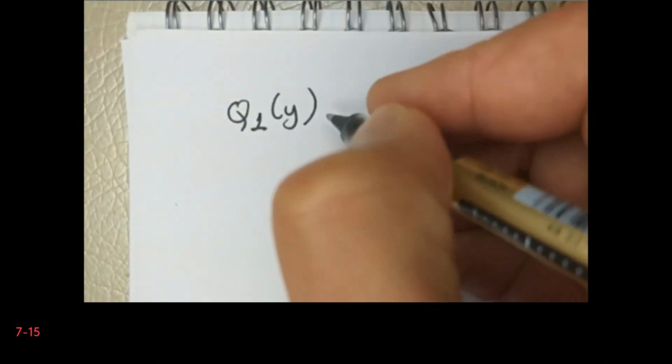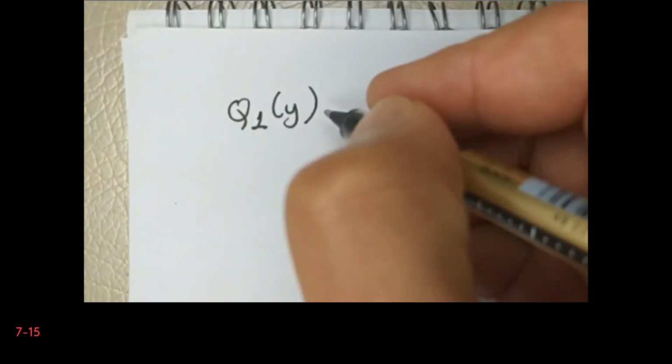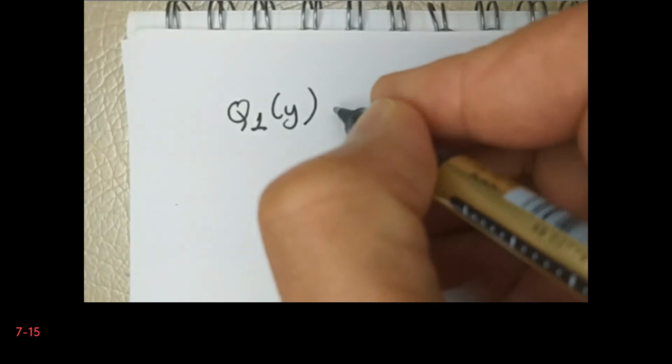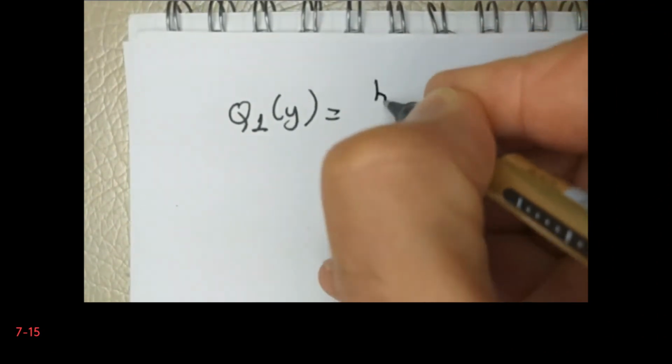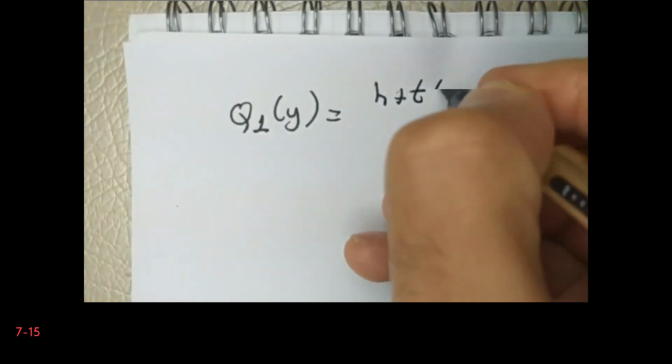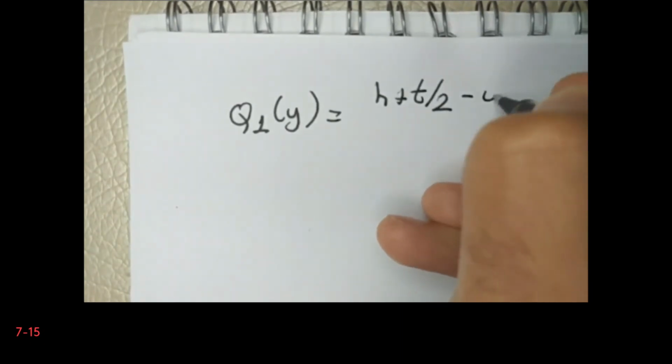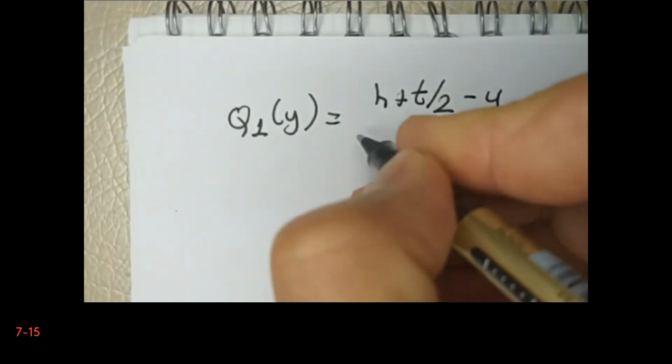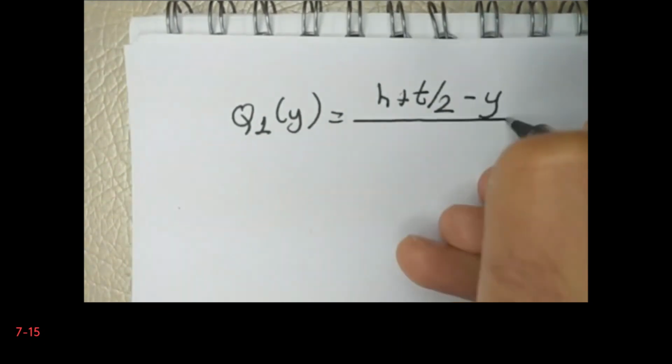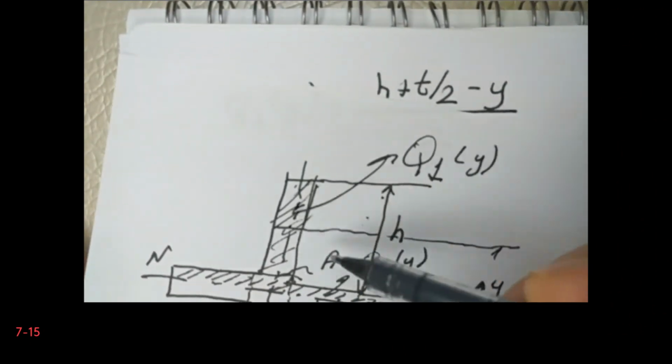So it is (h plus t over 2 minus y) divided by 2. So in fact this is from here to the centroid, and then we add the y here.